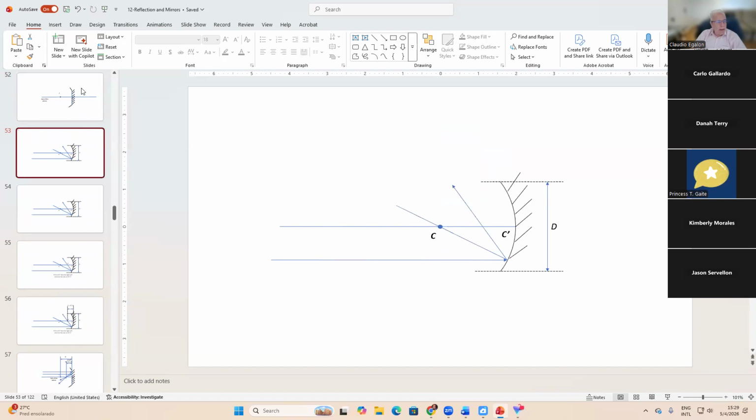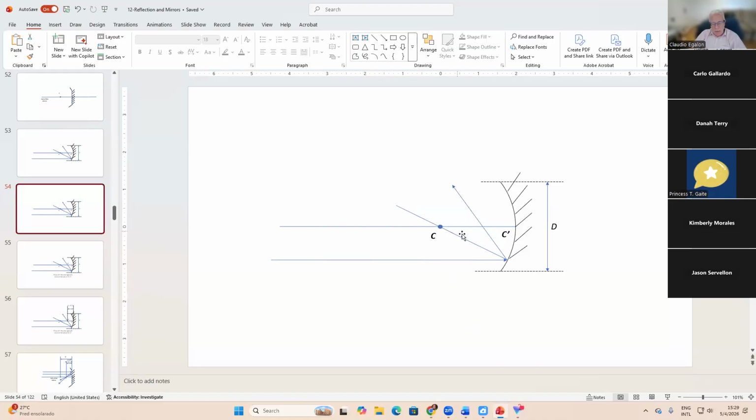Okay, when you have a light ray that's parallel to the axis of the mirror, like this one here, at this point, it's going to be reflected with the same angle, right? Angle of incidence is equal to the angle of reflection.